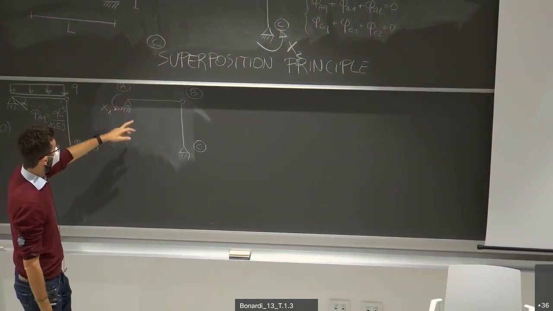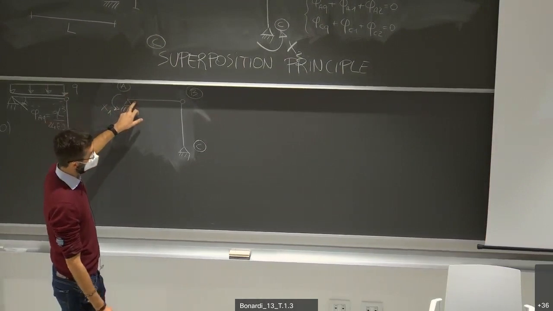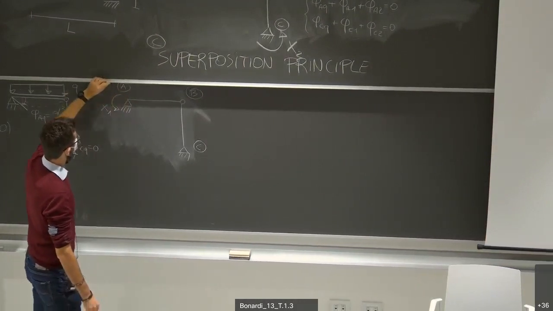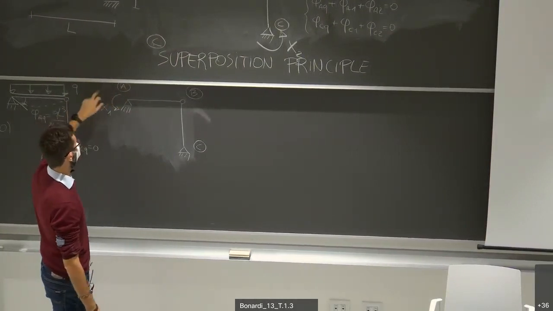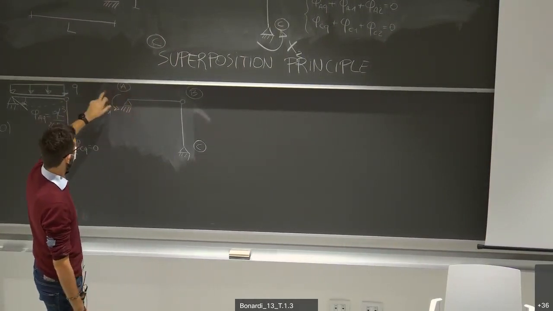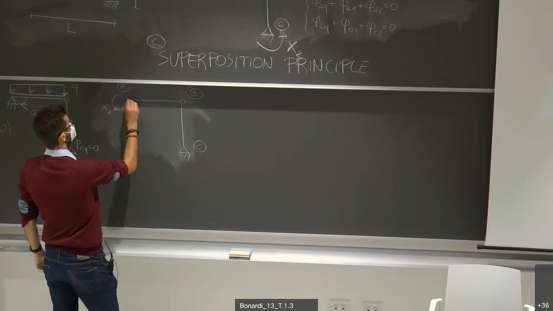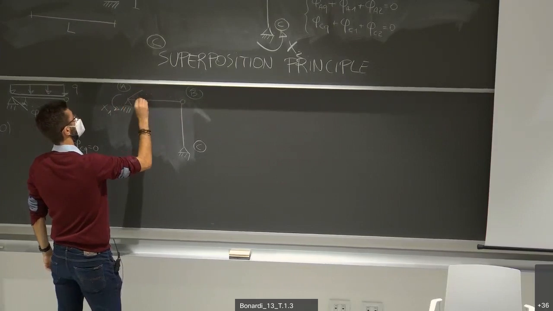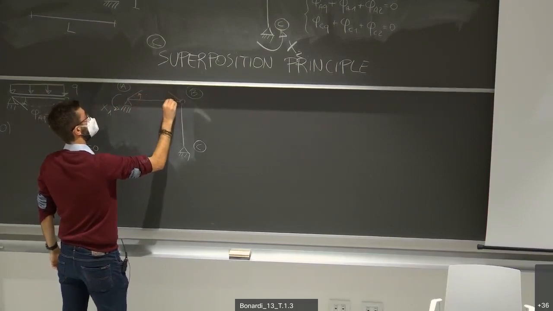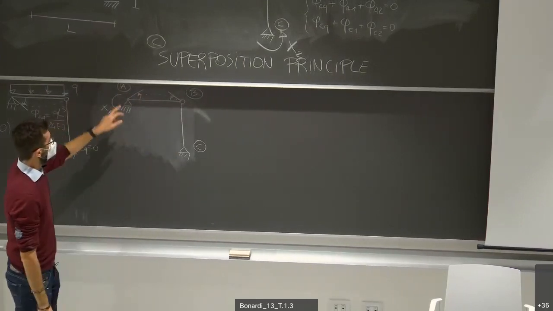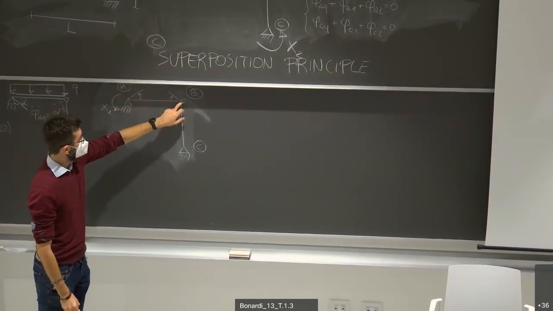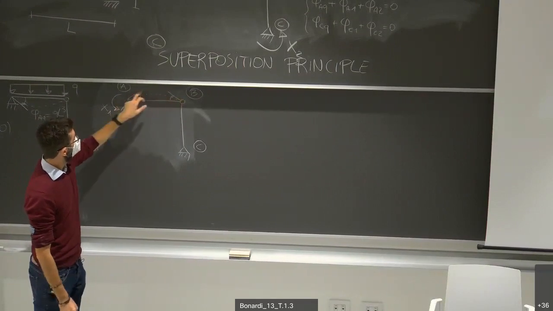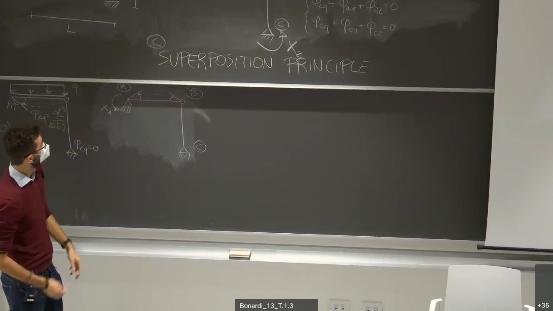So what do you expect? The beam will deform, obviously, and we will have a rotation in the node A in the counterclockwise direction. According to this, the node cannot move, but it can rotate. So the deformed shape will be something like this.